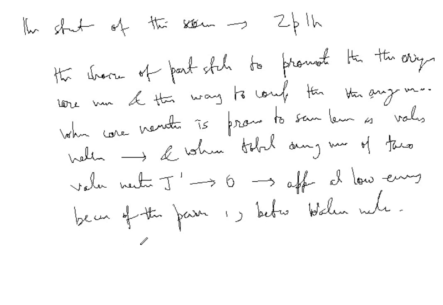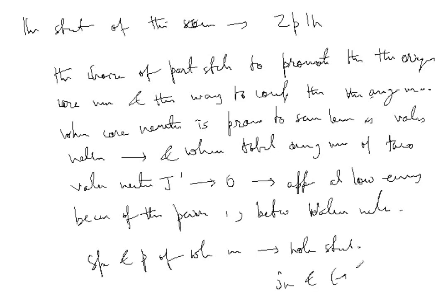As a result, the total spin and parity of the whole nucleus becomes identical to that of the hole state, and we can write just JH and minus 1 to the power LH. This is what I wanted to say.